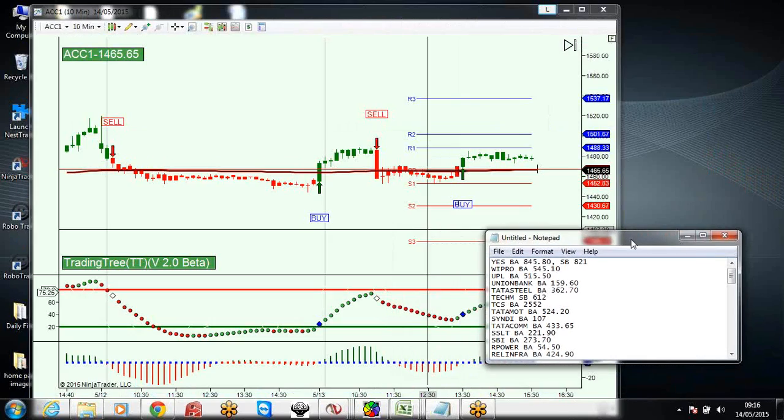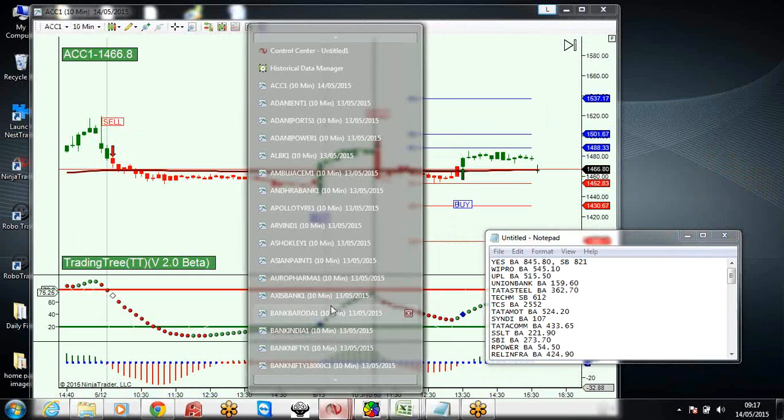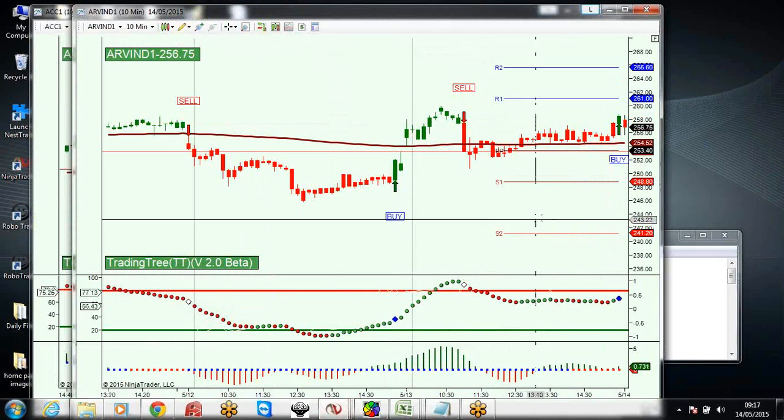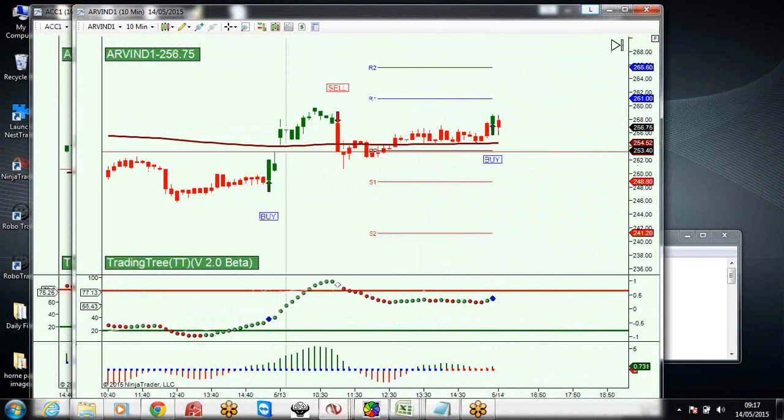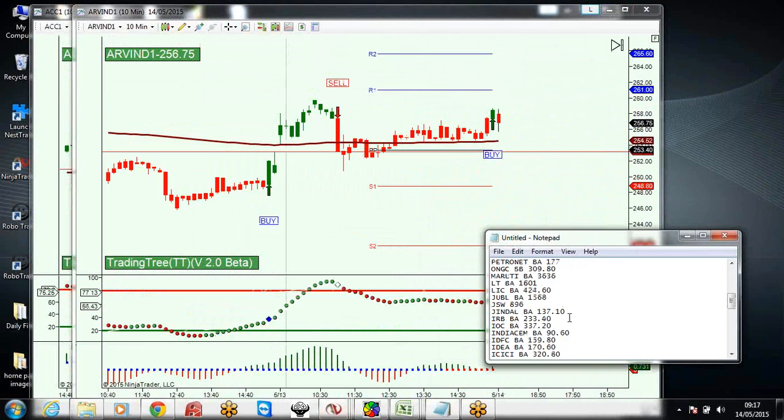So let's just come to the TradingTree charts. So Arvind, we had a buy call. Arvind, this is the right price to buy, 260. So we have already placed the order here at 260.